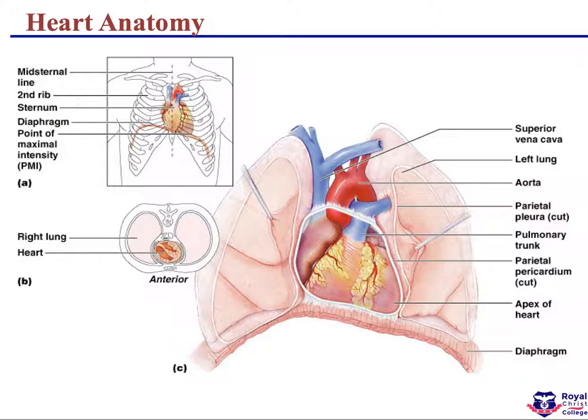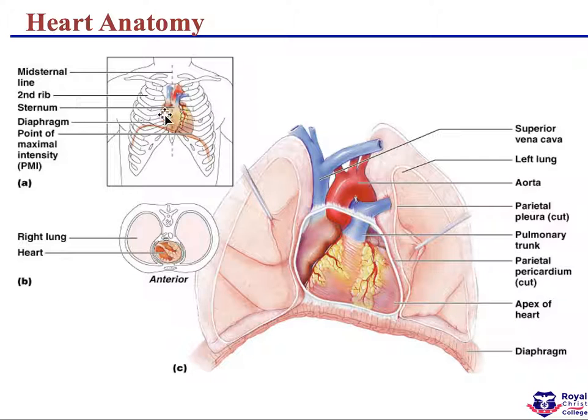Here on the screen you have a diagram of where the heart is located. If you look closely at the mouse, here is the diaphragm, this line where my mouse is pointing, over here is the midline, and just next to the clavicles here you've got your sternum.